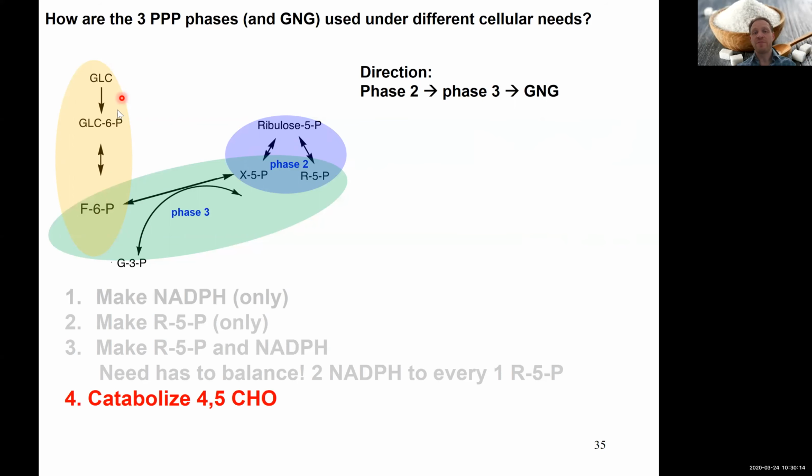So we're running phase two and phase three and this part of GNG, but for breaking down the 5 carbon sugars, what we're trying to do here is actually to enter them back into GNG so we can make glucose that we can use for energy purposes. So converting these 5 carbon sugars into 6 carbon sugars, specifically glucose, that we can then use running through our glycolytic pathways and our energy metabolism.